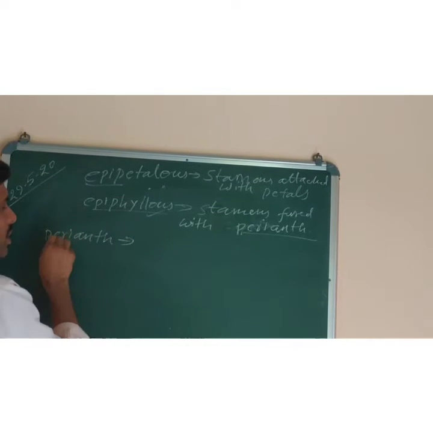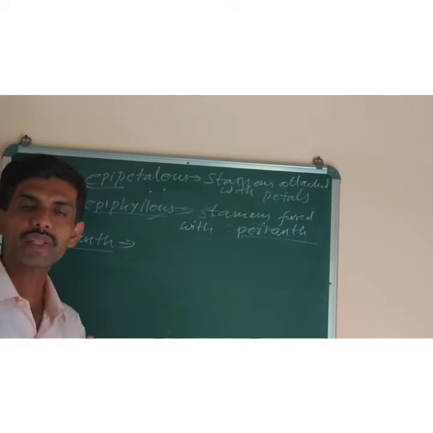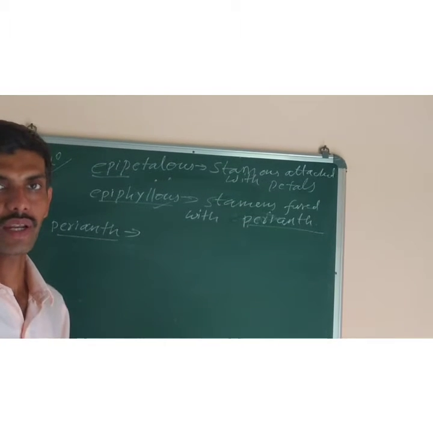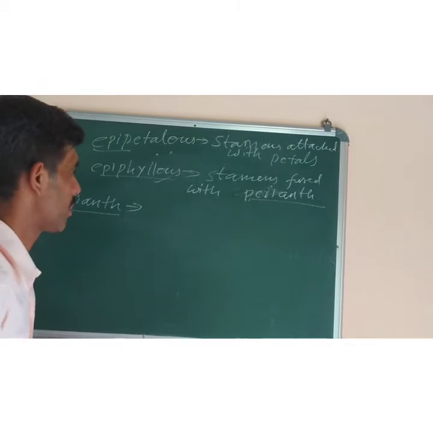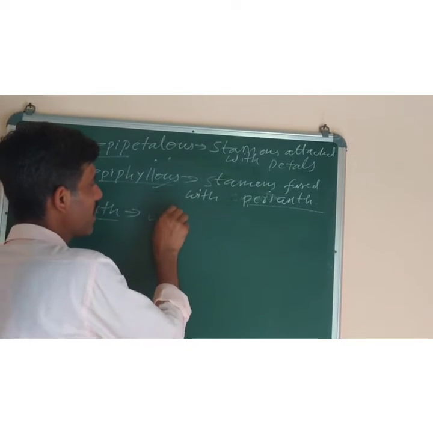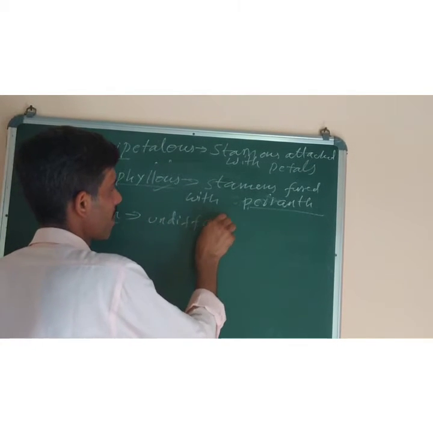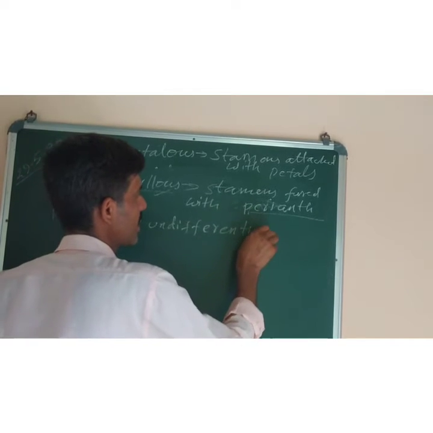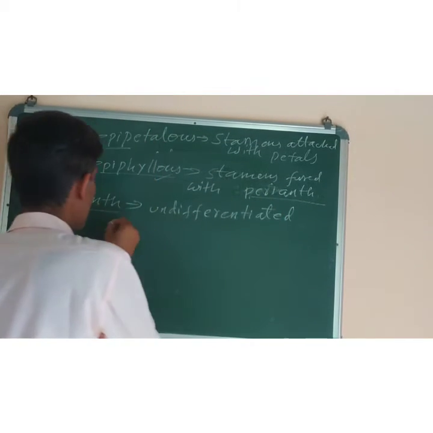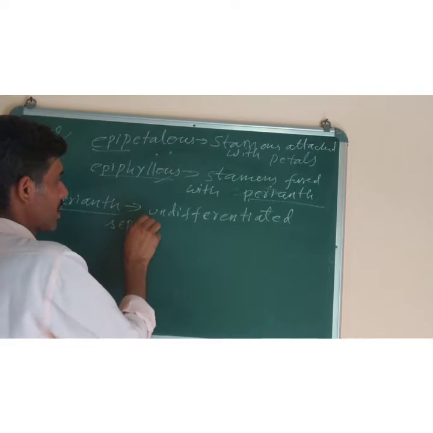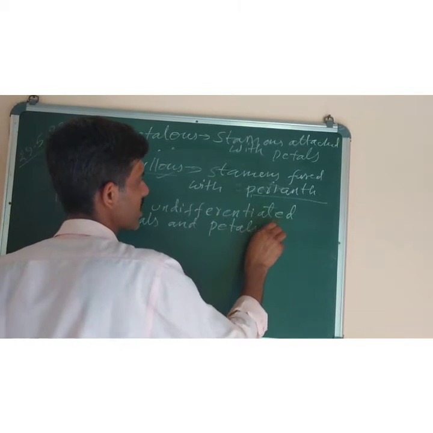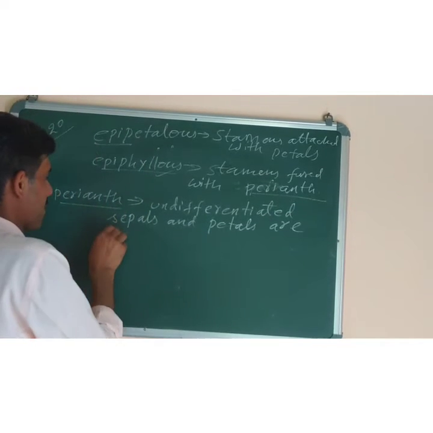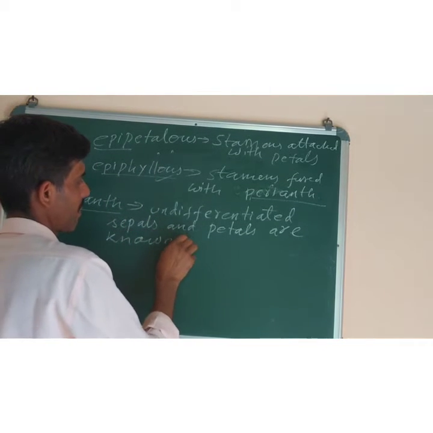Perianth means when the sepals and petals are undifferentiated. You cannot demarcate or differentiate between them. So you can write the word undifferentiated. Undifferentiated sepals and petals are known as perianth.